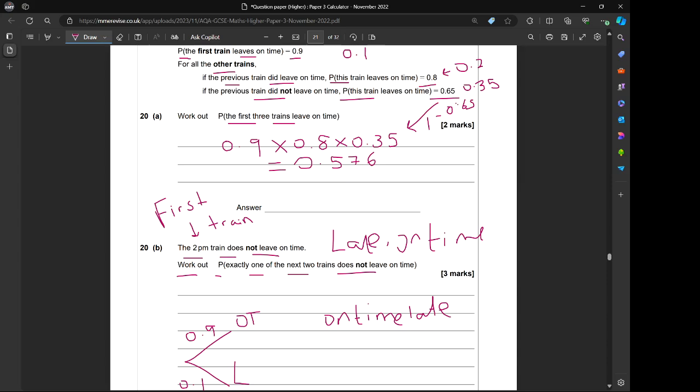Sorry. So we're gonna have late and on time here. So that'll be 0.35 times by 0.65.